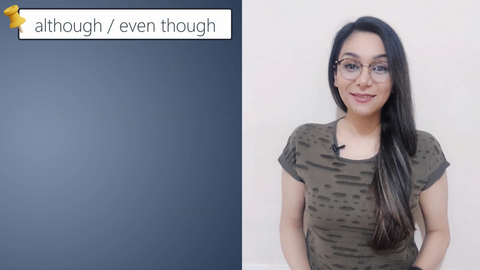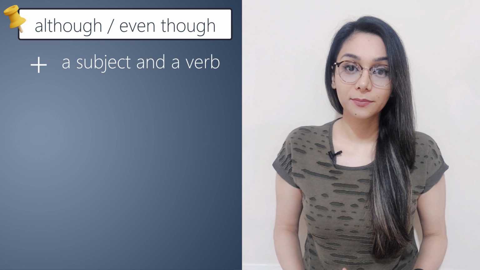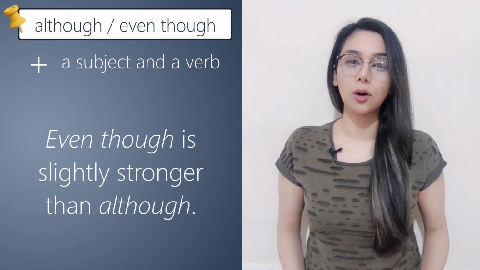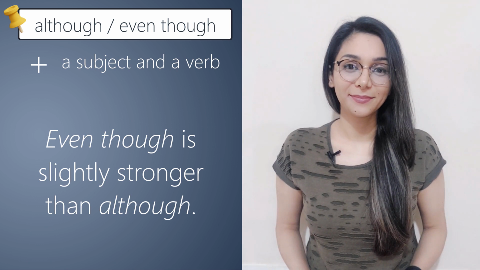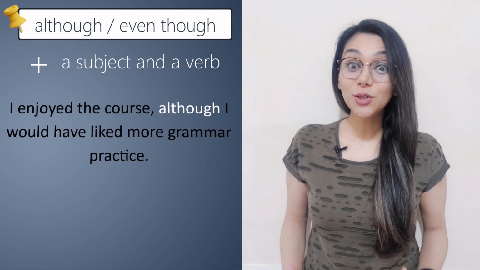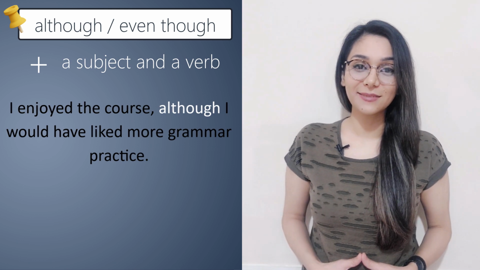Although and even though. Well, after although and even though, we use a subject and a verb. Even though is slightly stronger than although. Let's take a look at these examples, please. I enjoyed the course, although I would have liked more grammar practice.